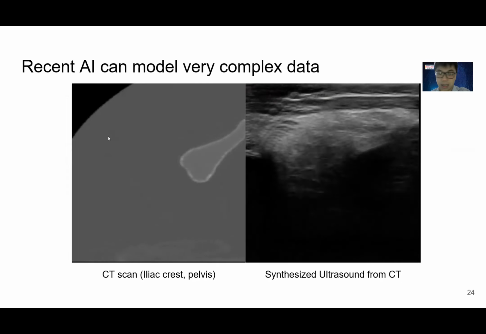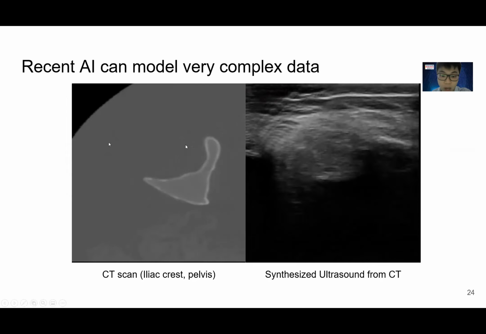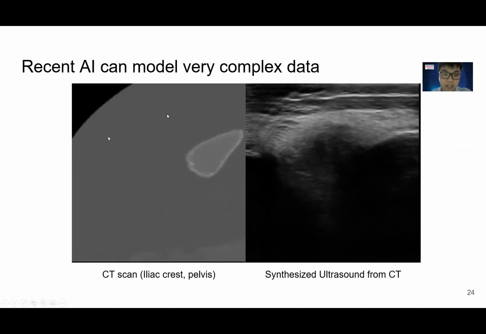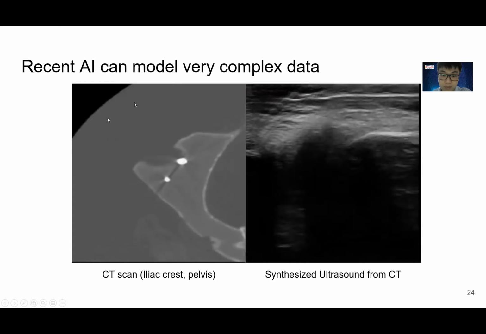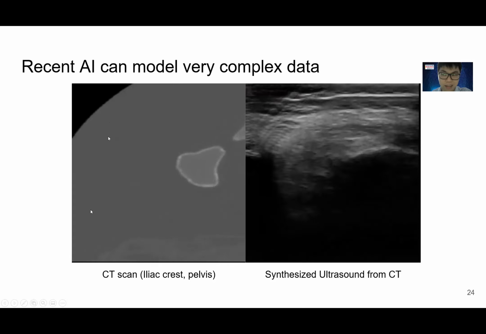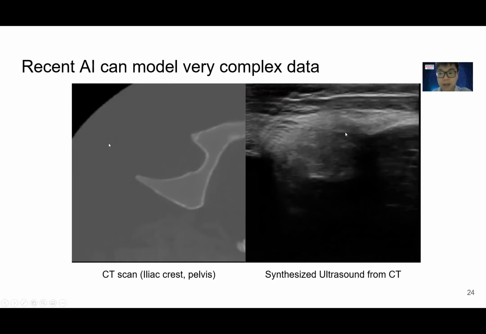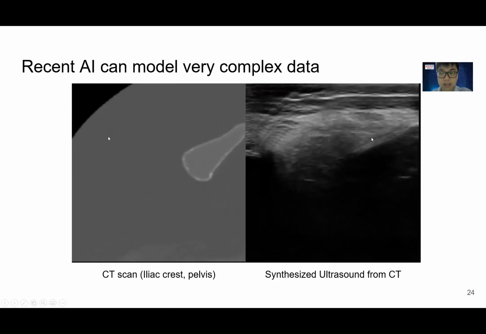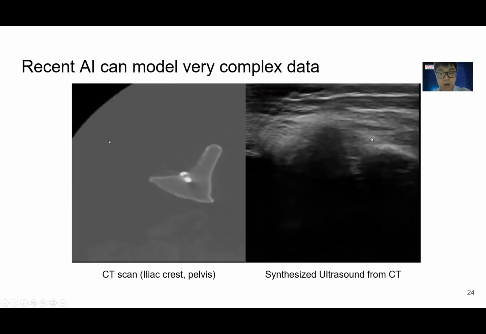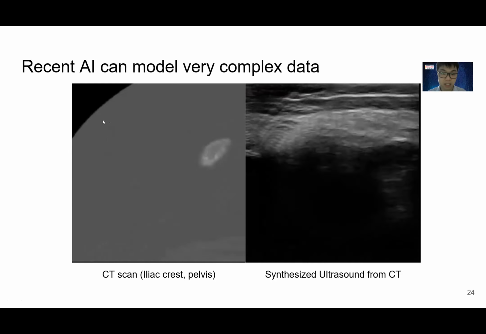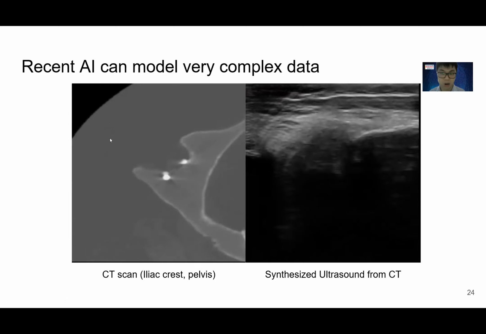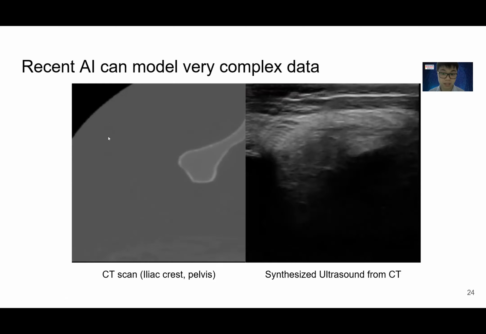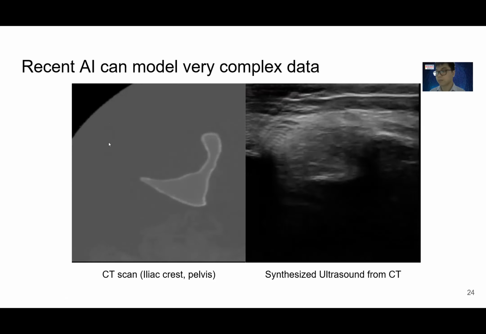This is AI taking a complex problem with a lot of data, because this image is essentially a matrix of pixels from 0 to 255. There are about, I think, 5 million pixels here. And then you recreate something else. You can complete some complex task. We know there's a signal in there. We know that CT scans and ultrasound scans are somewhat related, but it's hard for humans to quantify. But this is something that AI could do.